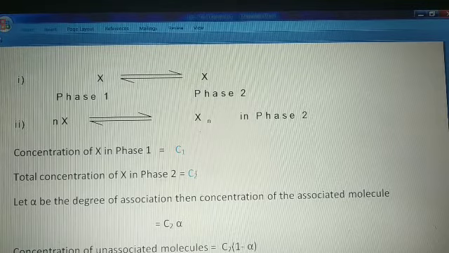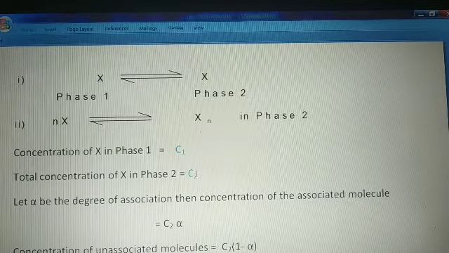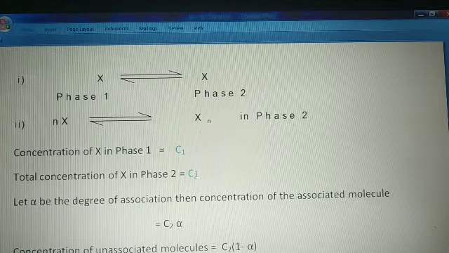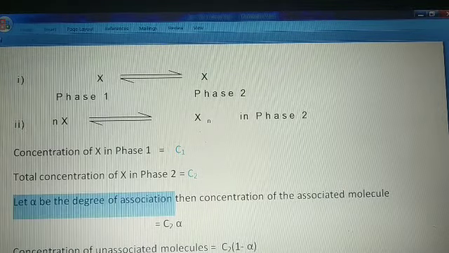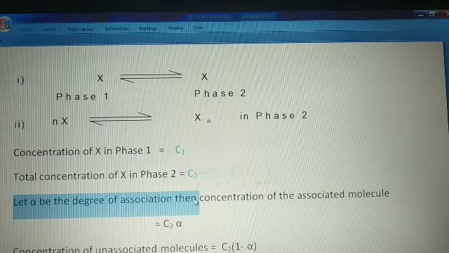Total means what? Total means the concentration of unassociated as well as associated molecules. Now let us separate this C2 in terms of associated and unassociated molecules. Let alpha be the degree of association.